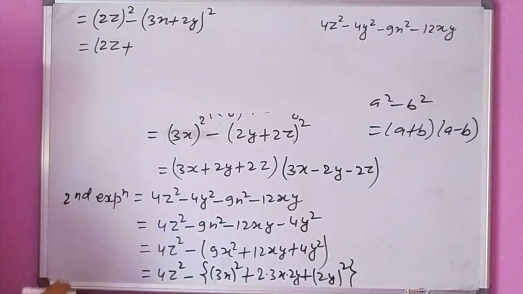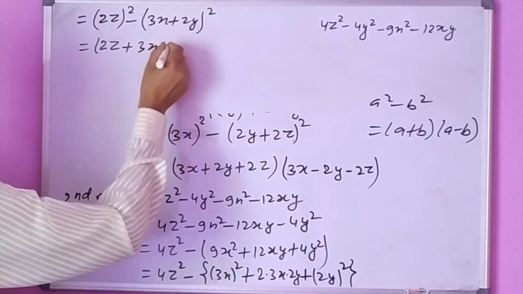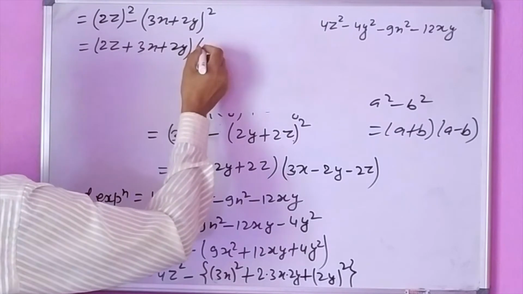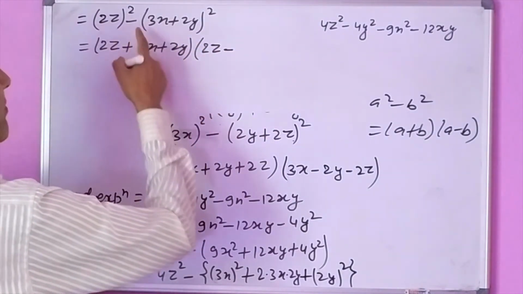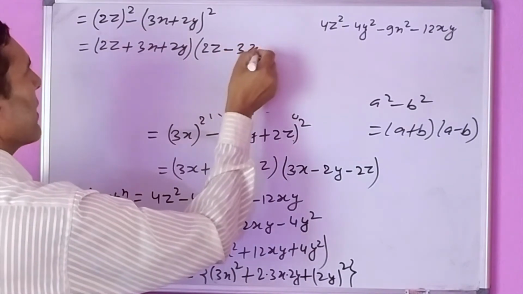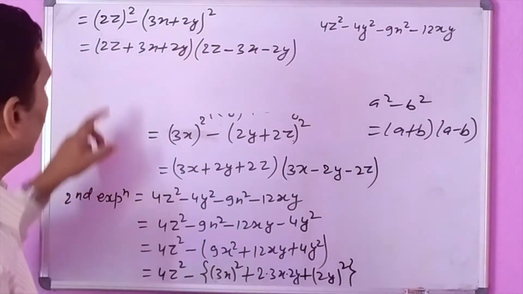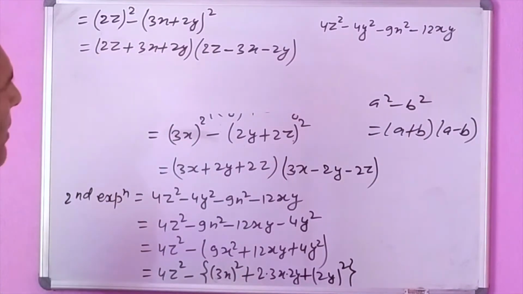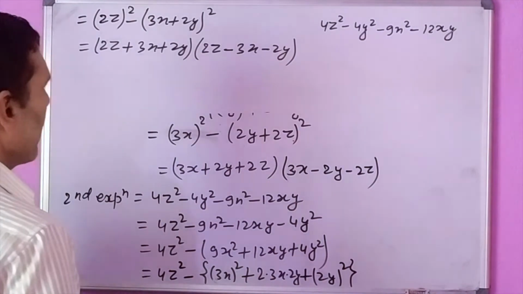A plus, open the bracket by plus side, 3x plus 2y, and a minus b, a minus, open the bracket by minus, minus 3x minus 2y. A plus b, a minus b. In this way, the factorization of the second expression is also completed.